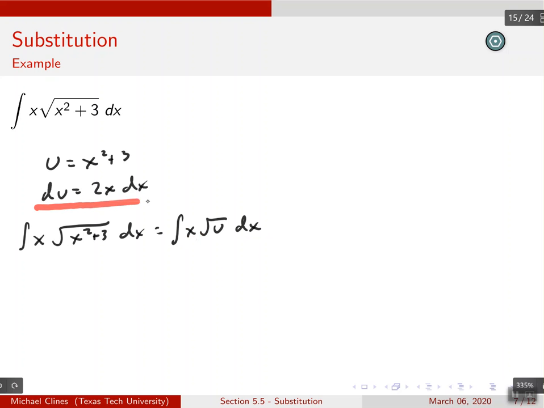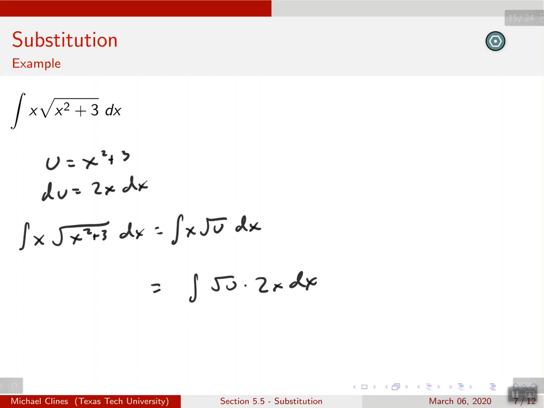Thankfully, I have this equation right here, equating du and dx together. But the problem is this 2x right here. We have the x, but we don't have the 2. So we need to introduce a 2 in there. So you can write this as the integral of square root of u times 2x dx.